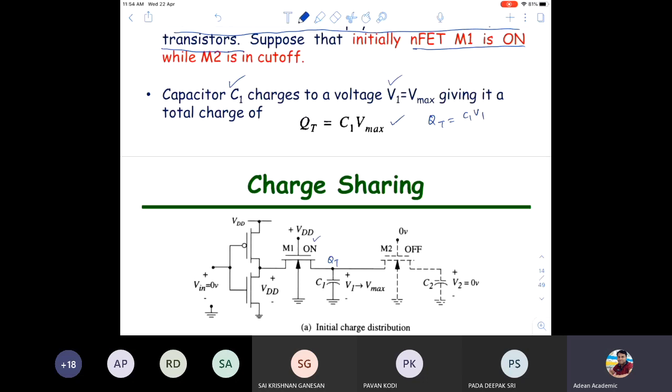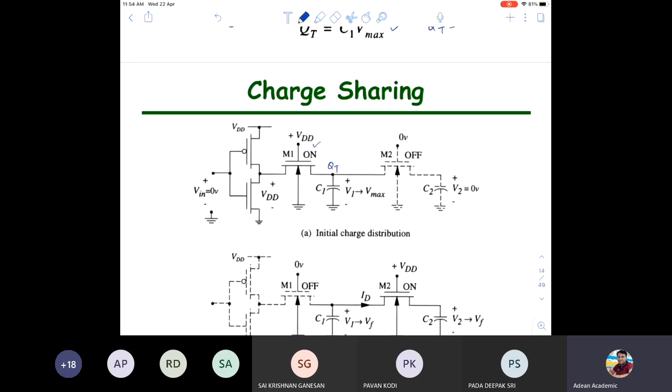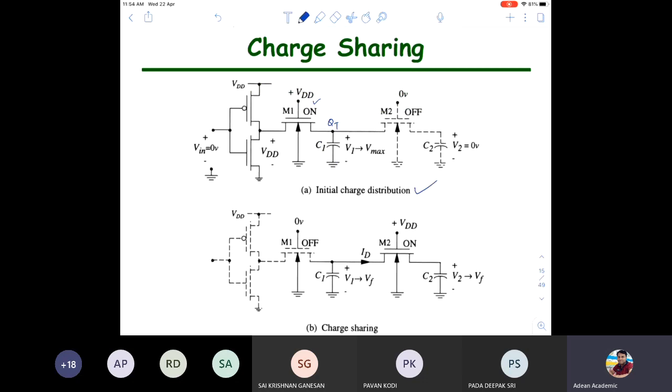Therefore I have written C1 into Vmax here. Initially, when M1 is on and M2 is off, we need not worry about M2 and C2; they will not come into the picture. Only C1 is storing some charge, and its total charge is C1 into V1, where V1 means Vmax. That is the initial charge distribution.